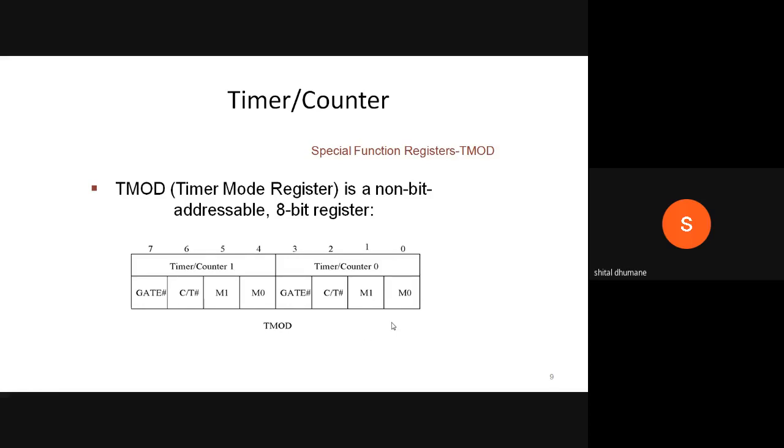These 2 bits, M0 and M1, define the modes of operation, so 4 possible combinations give 4 modes of operation of your timers. Then C/T bar defines whether it has to work as a counter or as a timer. And the GATE bit, we'll see its significance.